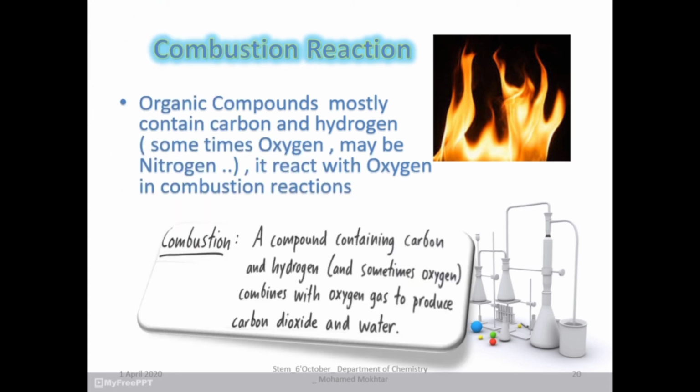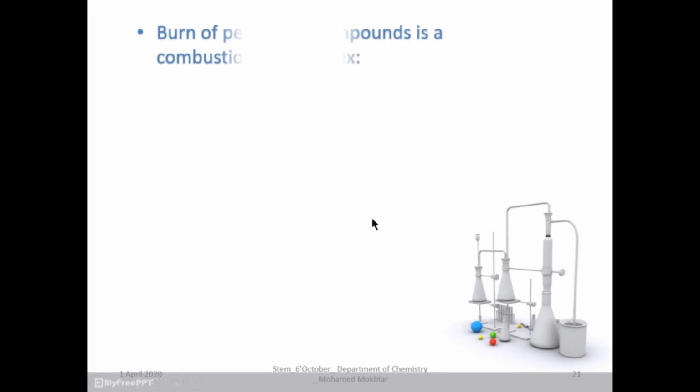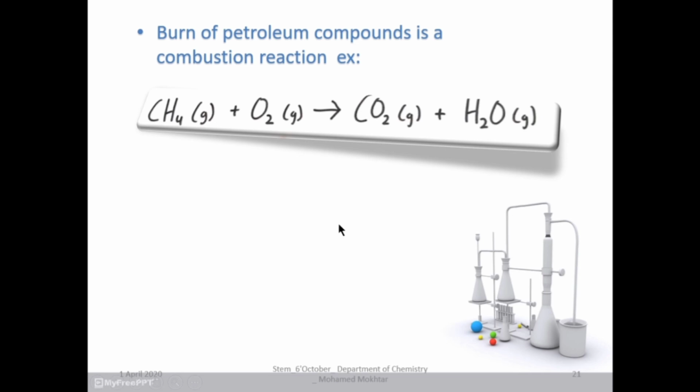This identifies the combustion: a compound containing carbon and hydrogen, which is called an organic compound, combines with oxygen gas to produce carbon dioxide and water and a lot of energy. It happens in petroleum compounds like methane gas.